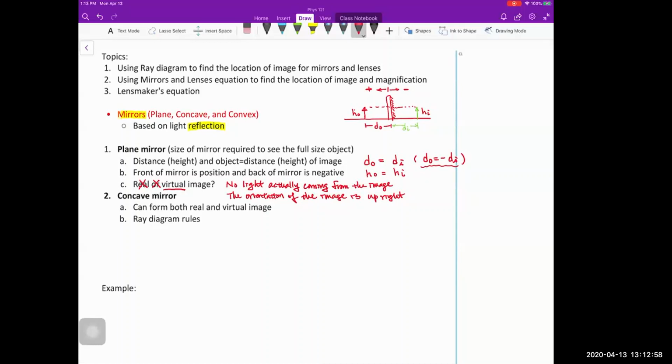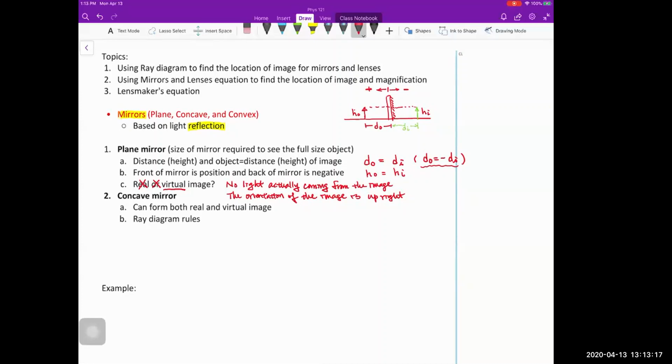Okay, now, can we form both real and virtual images if we use a different kind of mirror? Well, we kind of showed you, if you have a concave mirror, then you can actually form both real and virtual images.